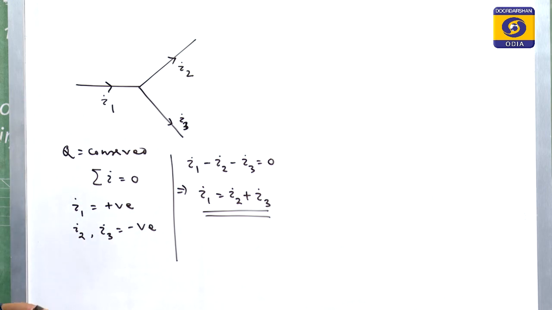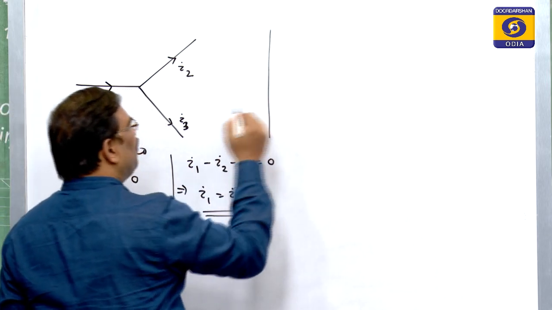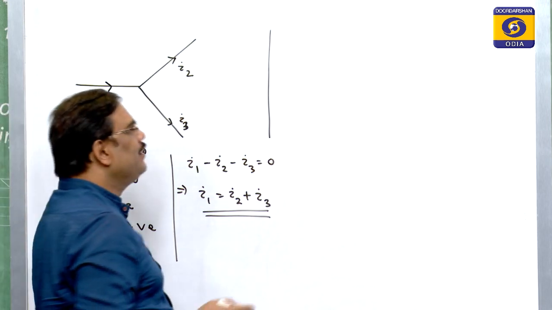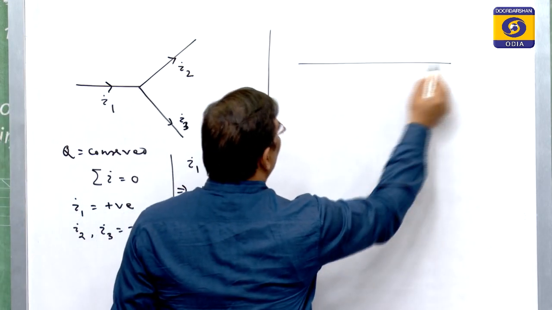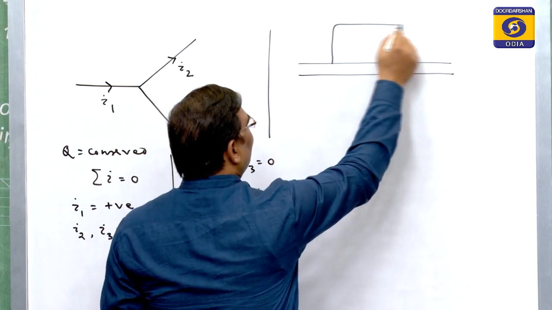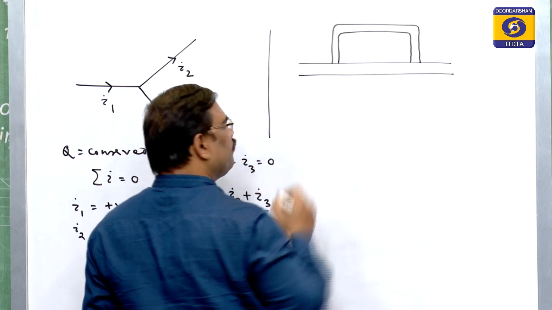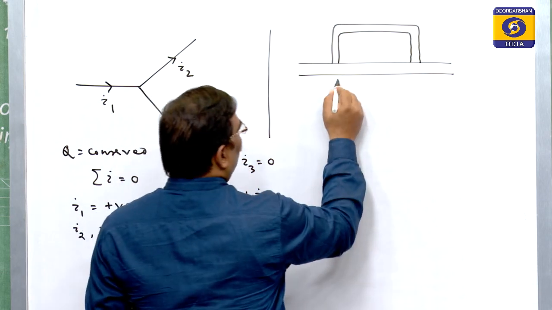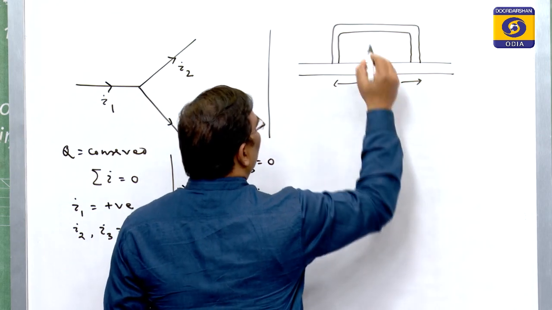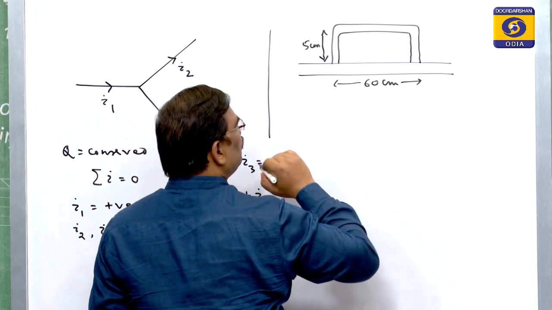Now, let us take some small examples. In any other part of physics, suppose in thermal physics, suppose we consider a metal plate like this, and it is having a bent part. Suppose this part is 60 centimeter long, this part is 5 centimeter long.